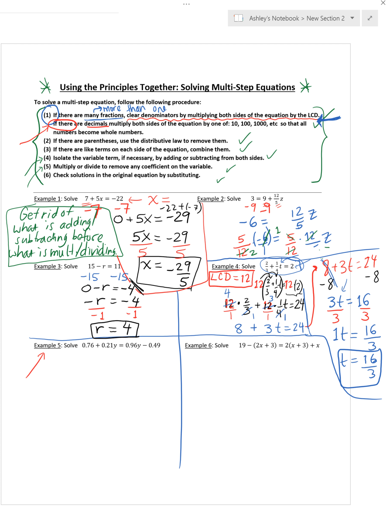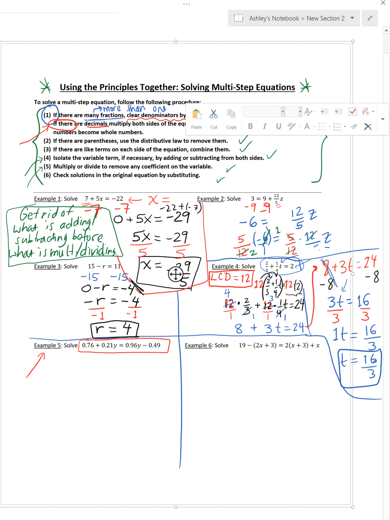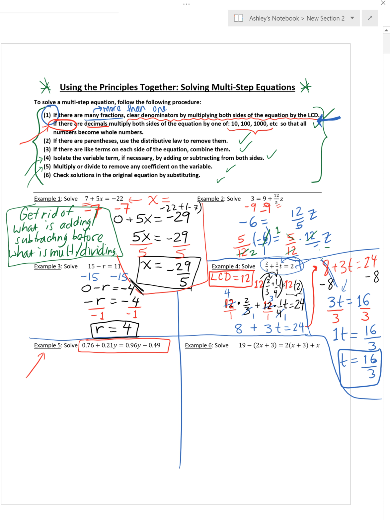Let's see, because I guess the thing is, I can take an equation like the one in example 5, and I'm free to multiply both sides of it by whatever I want, as long as I multiply both sides by the same thing. So I'm thinking, all right, decimals. What can you multiply a decimal by to make it a whole number? So as it says up here, if you multiply a decimal number by 10, 100, 1,000, those move the decimal point to the right.